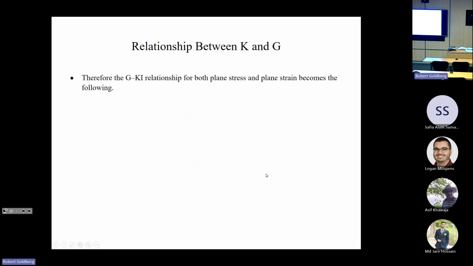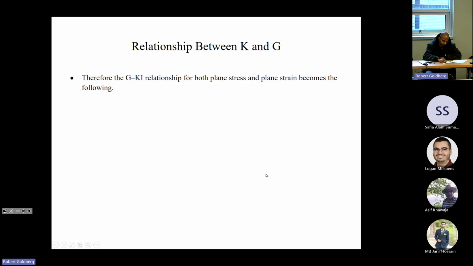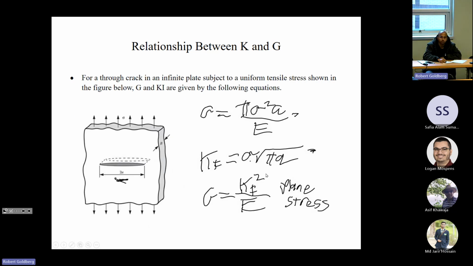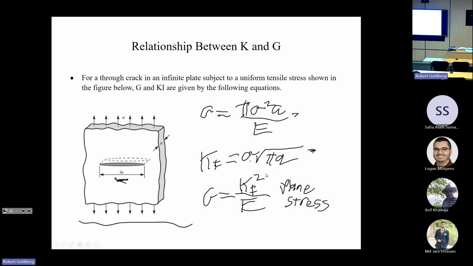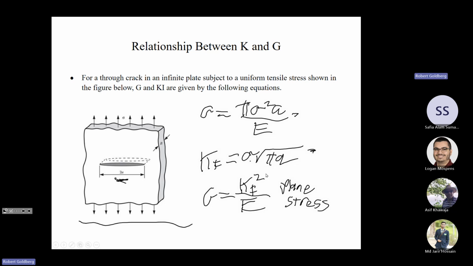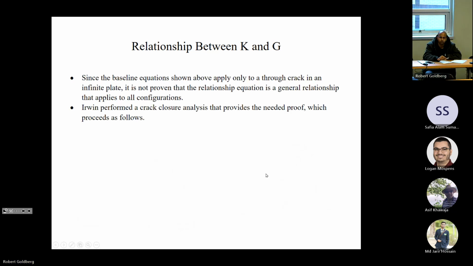Now, one other thing we have to do is these equations we just talked about over the last couple of minutes, we only defined it for this special case of a through crack in an infinite plate subjected to straight, regular tensile loading.